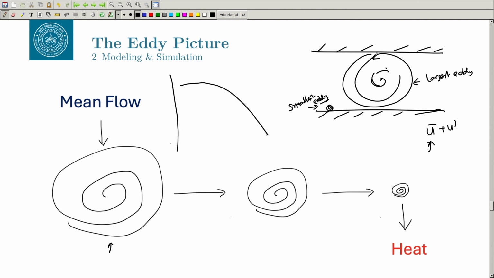If you look at the cascade picture, this is your energy cascade, E k versus k. You can think of k as the inverse of the eddy size. The wave number is the inverse of the eddy size, so if k is bigger, the eddy is smaller. This is the smallest eddy, and this is your largest eddy.